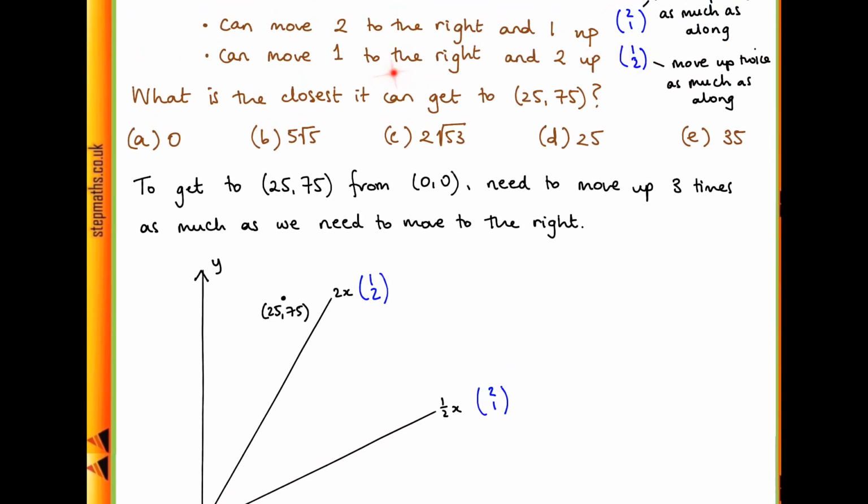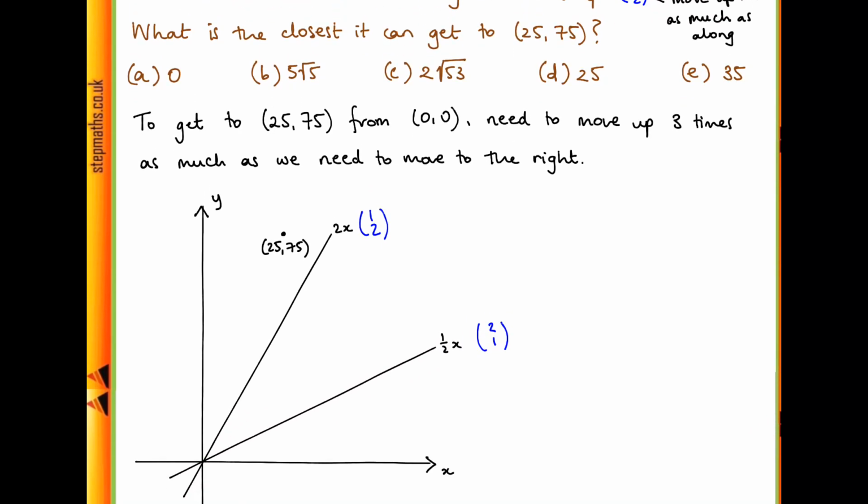And if we only use the (1, 2) translation, then we'd end up somewhere along this line. And if we used a mixture of the two, we'd end up somewhere in the middle. But the point we want to get to, (25, 75), is way up higher than the (1, 2) line. So to get as close as possible to this point, we want to be somewhere along this line. That means we would only use the translation (1, 2) and none of the (2, 1) ones at all.